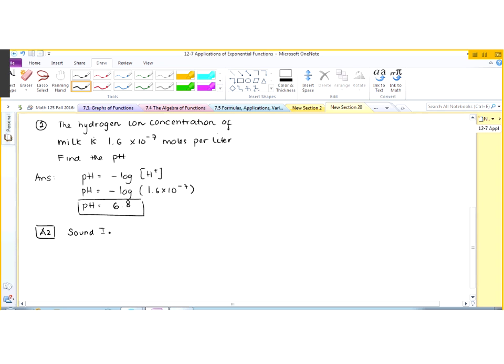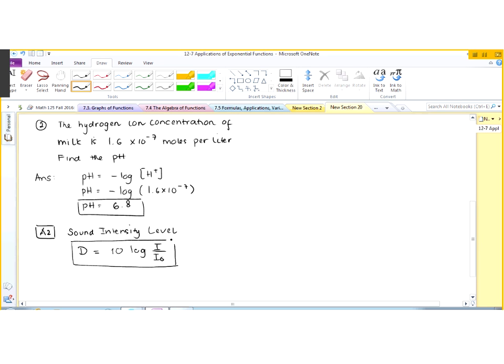So anyway, let's talk about the sound intensity level. The unit is decibel. This is the formula: D, the book uses L, is equal to 10 times log I over I naught.